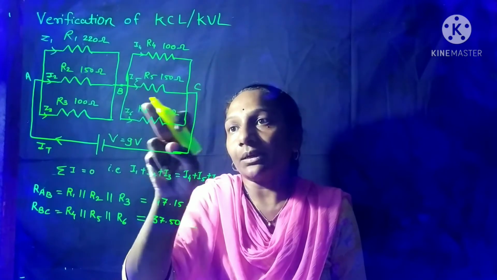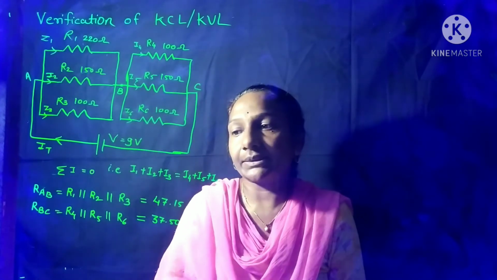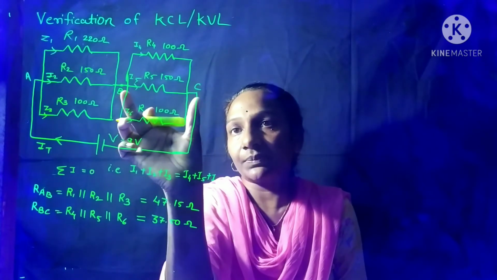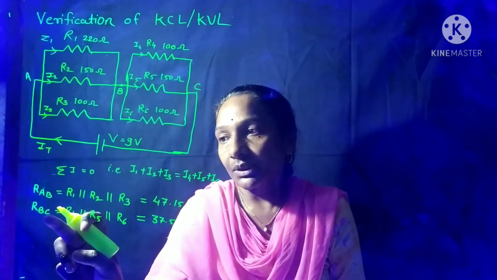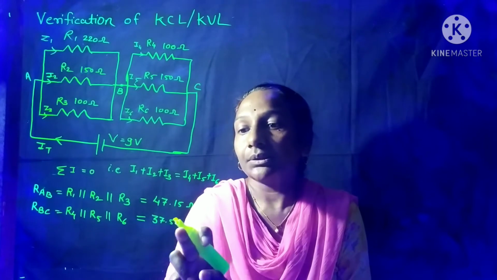Then the second branch, point B to C, again R4, R5 and R6 are parallel. Calculate the equivalent resistance between the points B and C, that is RBC, which comes to 37.50 ohm after calculation.